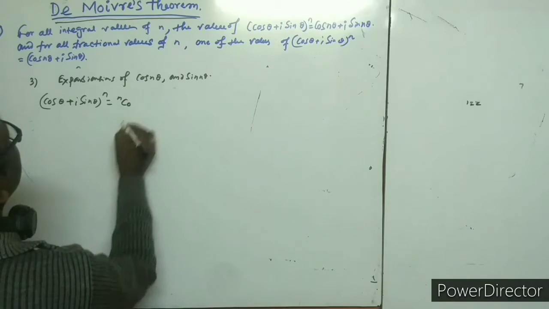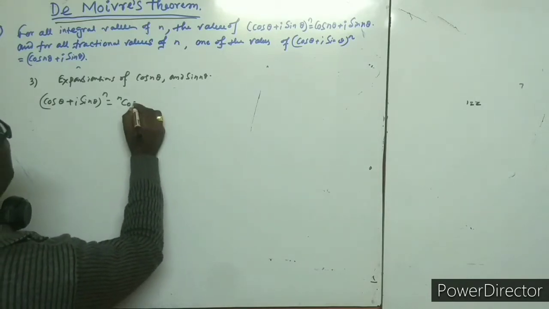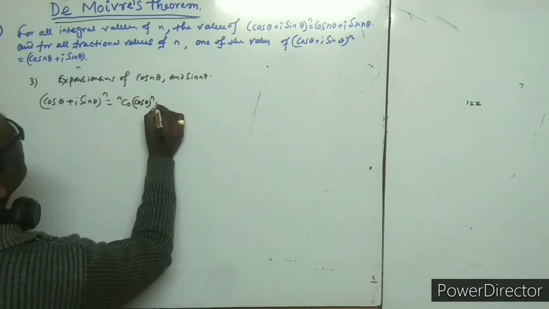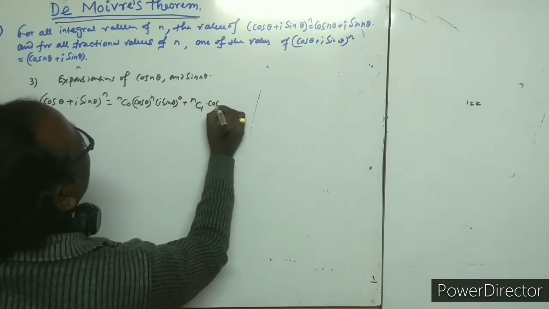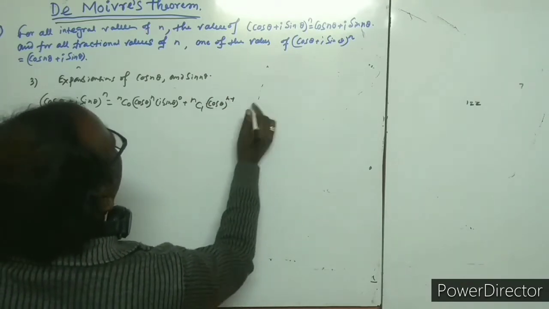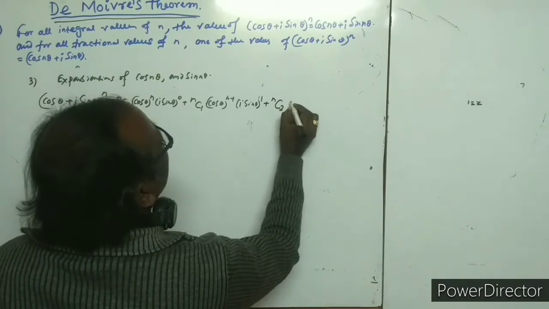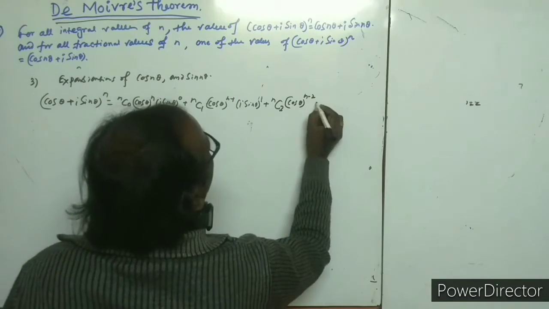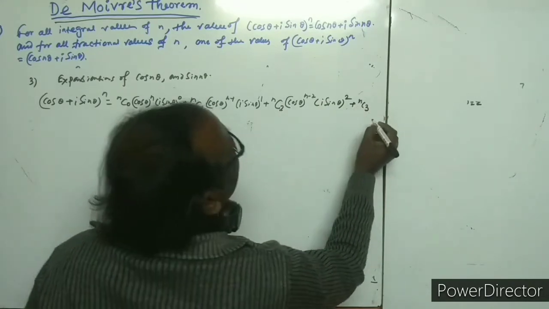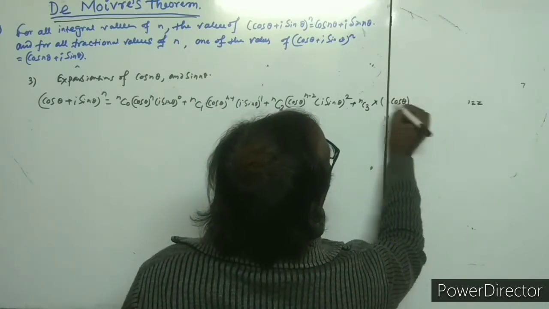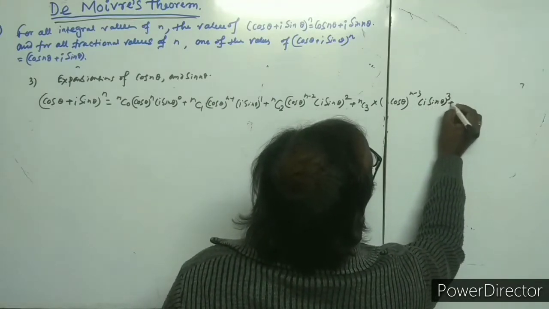So this is nC0 cos theta to the power n and i sin theta to the power 0, plus nC1 cos theta to the power n minus 1 and i sin theta to the power 1, again nC2 cos theta to the power n minus 2 i sin theta to the power 2, again nC3 cos theta to the power n minus 3 and i sin theta to the power 3, and so on.